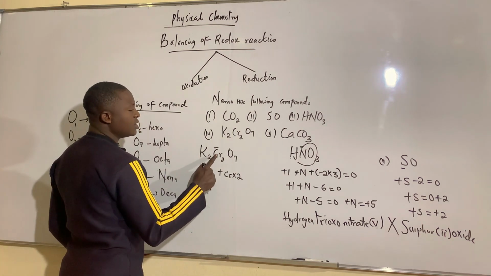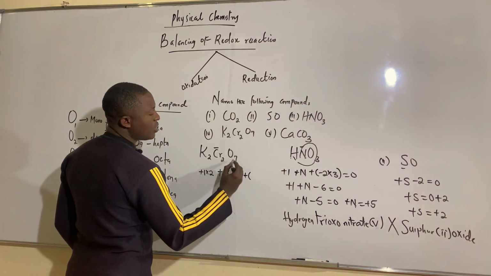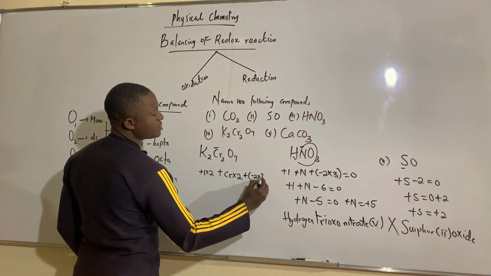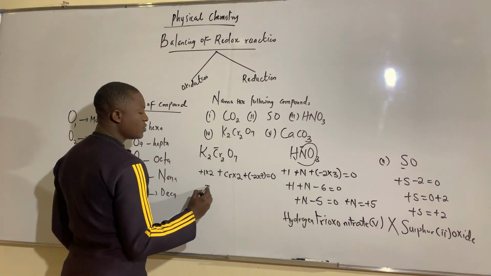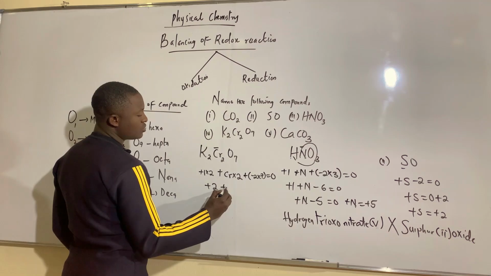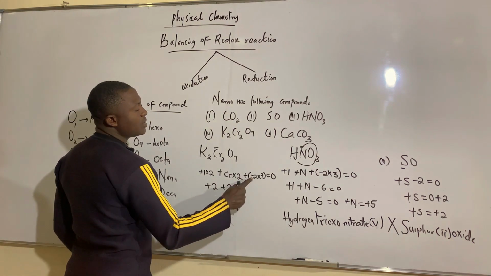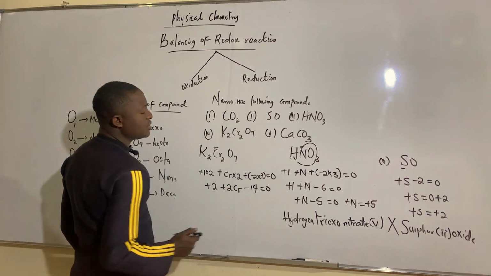That's the first one. Chromium is what I'm looking for, times 2, then plus oxygen is -2 times 7. Everything is equal to 0. So now 1 times 2, of course, we are going to have 2. Then Cr times 2, we are going to have 2Cr. -2 times 7, we are going to have -14 is equal to 0.